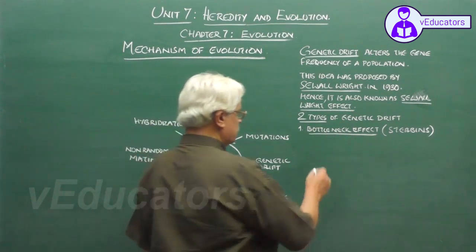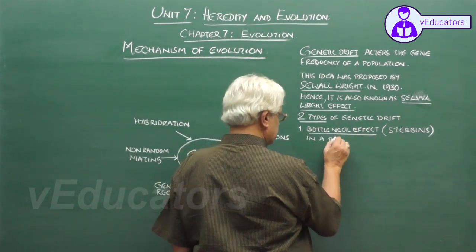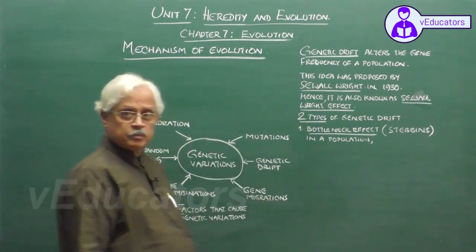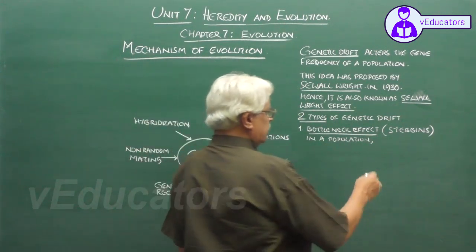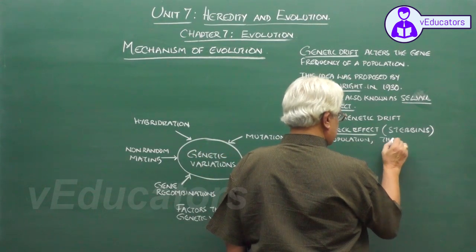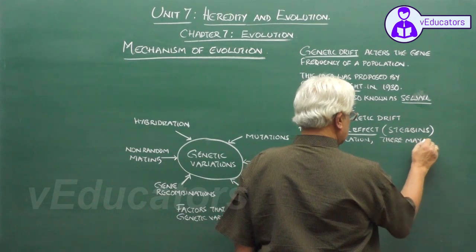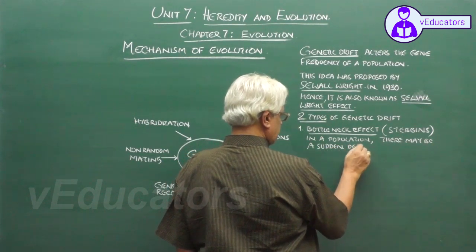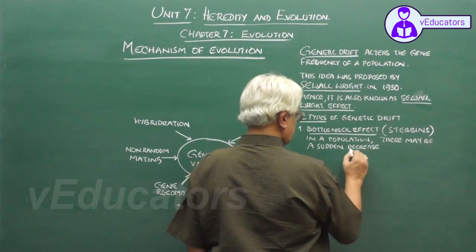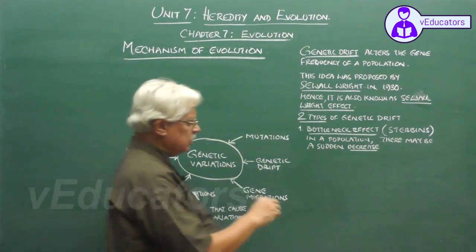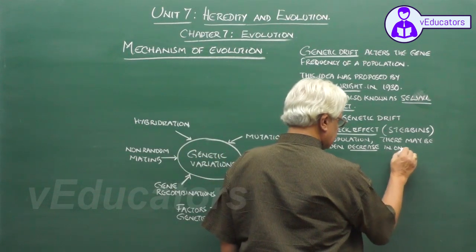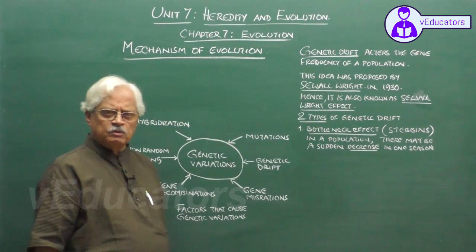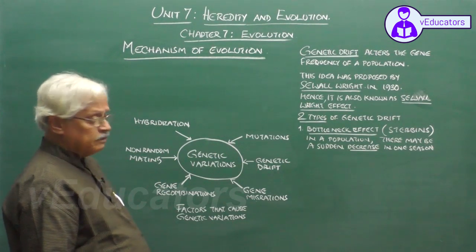According to Stebbins, in a population there may be a sudden decrease in one season due to various environmental influences.